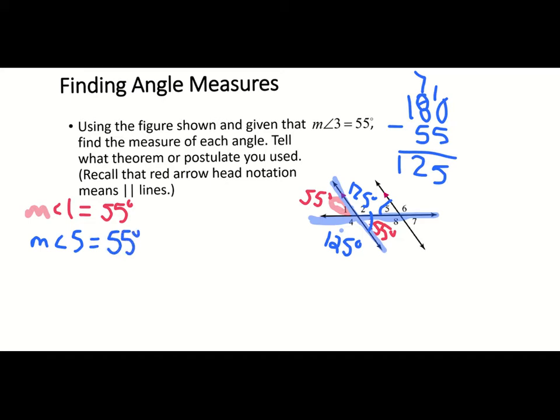Then if 5 is 55 through the alternate interior angles theorem converse, then 7 is also 55, because it is vertical to angle 5.